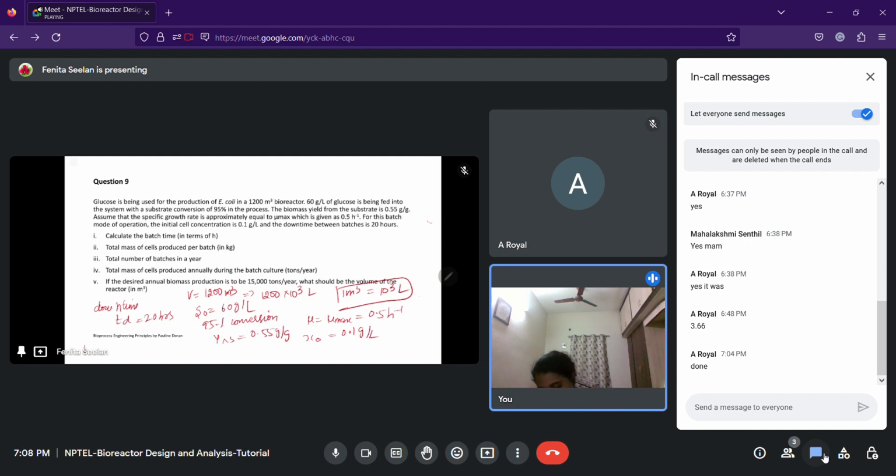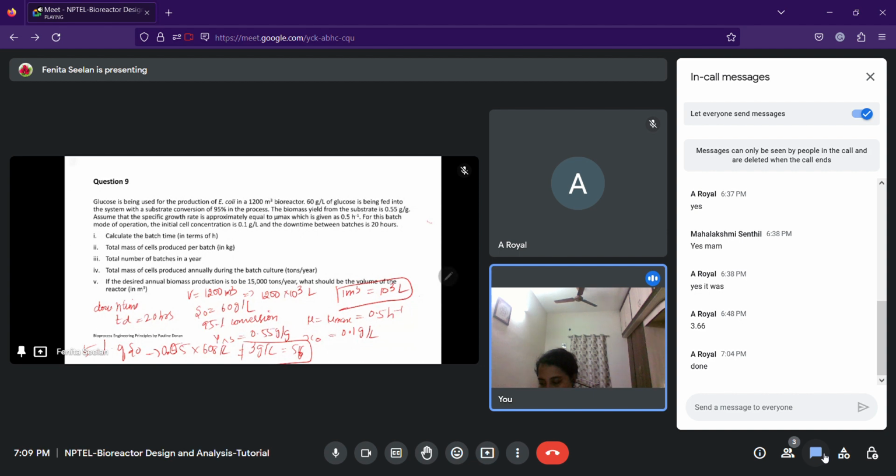So 5% of S naught, which is 0.05 into 60 grams per liter, is around 3 grams per liter, which is SF.